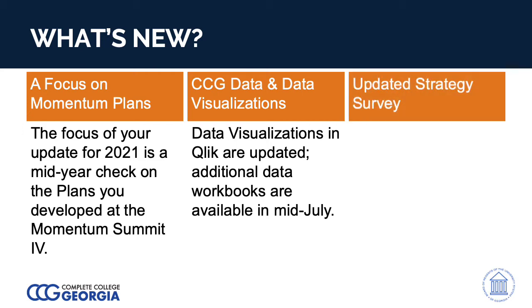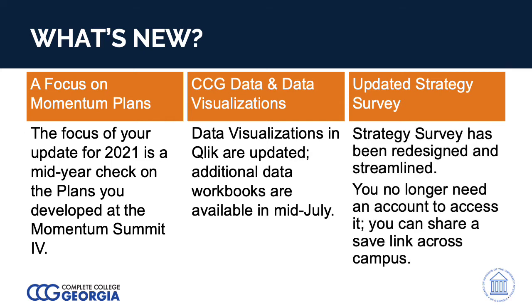And finally, there is an updated strategy survey. The strategy survey is the other half of the updates. And the strategy survey this year has been redesigned, streamlined, and placed into a new format. You no longer need an account to access it. So this is very new. We no longer have campus editors for the strategy surveys.